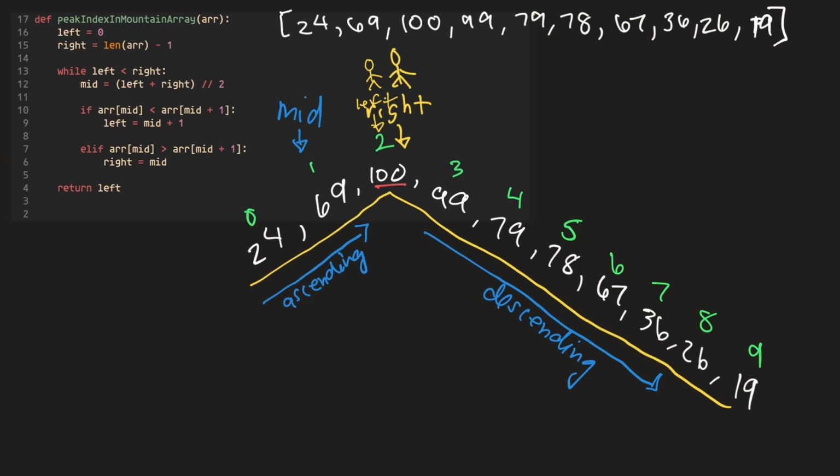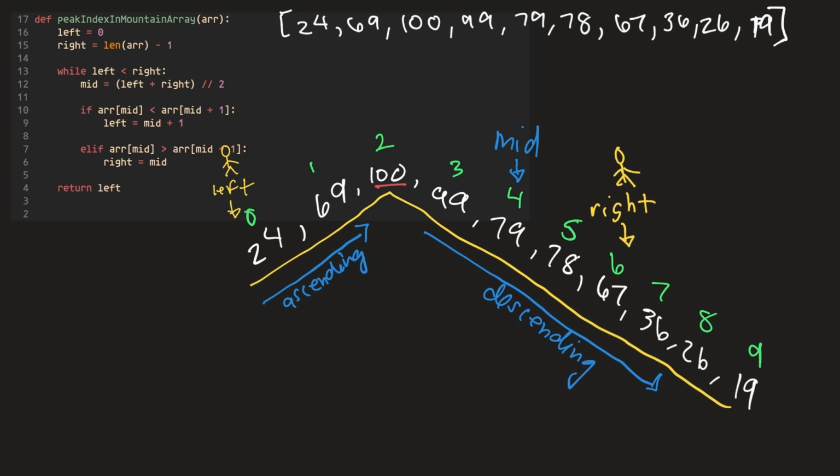But in the case of the right side, if our guy is here and our midpoint is this index, and here we check to see if our midpoint is greater than mid plus 1. If this condition resolves to true, then we can't set this right to mid plus 1. We have to set it to mid because we still don't know if this value is the peak. So for example, let's go ahead and just move him down. And let's make the mid the peak for now.